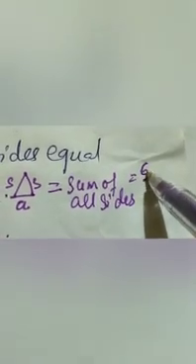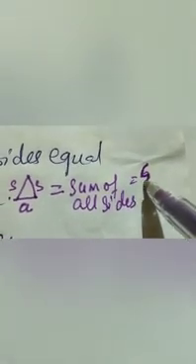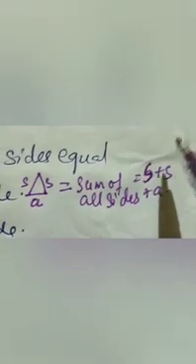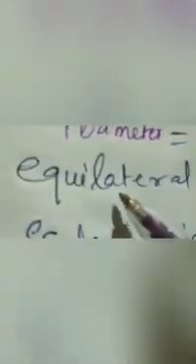So here we can write S plus S plus A, so 2S plus A we can write. Similarly, an equilateral triangle is a triangle where the measure of all three sides is the same.